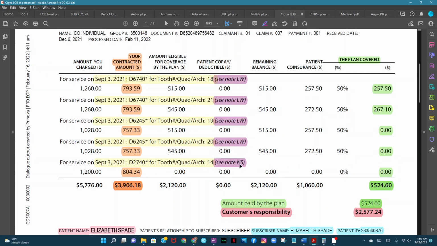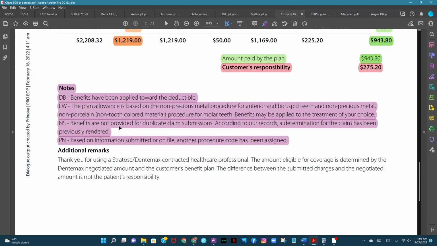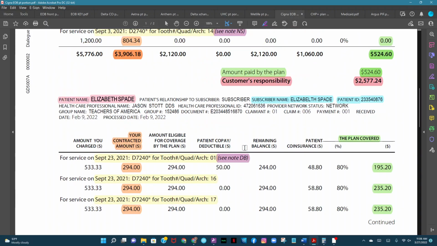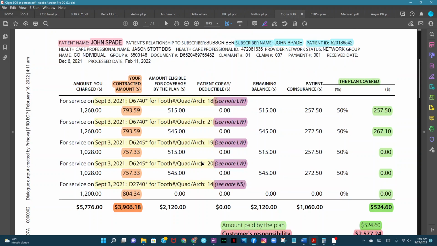If we see the note: benefits are not provided for duplicate claim submissions. According to our records, a determination for this claim has already been previously rendered. So they are not paying on this, okay? On this specific code, on this specific claim.